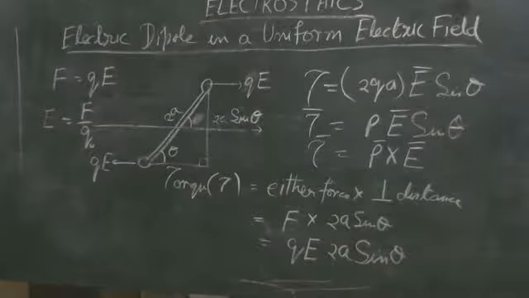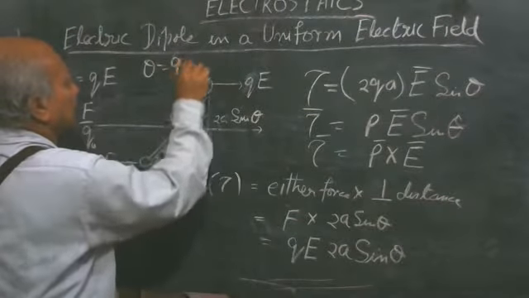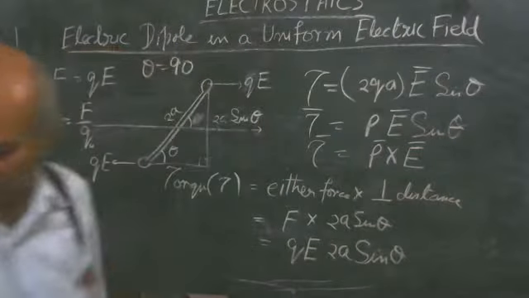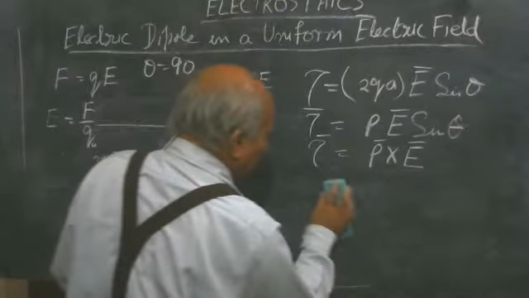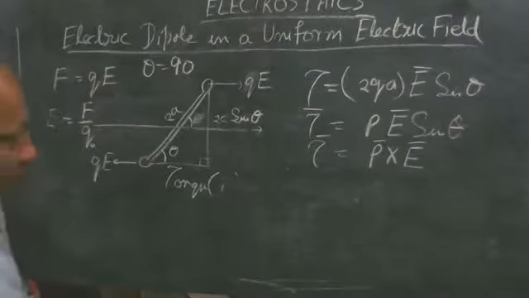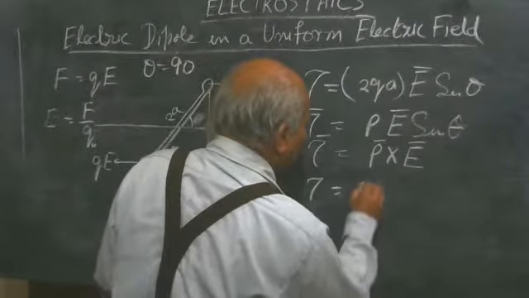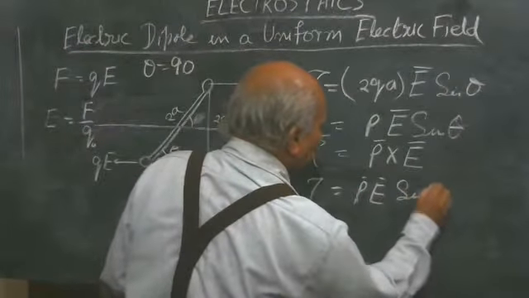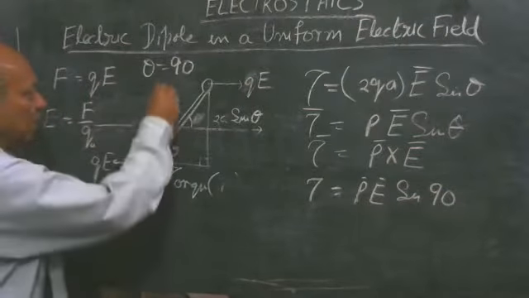Torque is maximum when theta is equal to 90, because sin 90 is equal to 1. Torque is equal to P E sin 90, which means the dipole should be perpendicular like this.